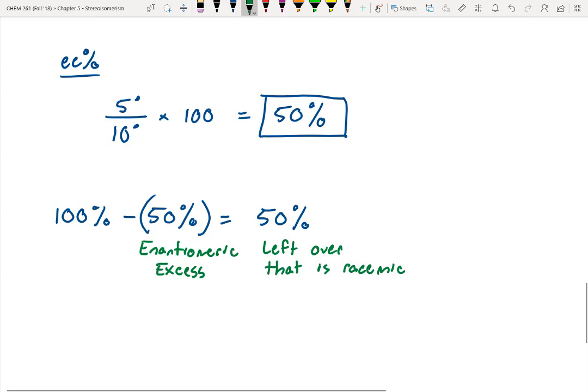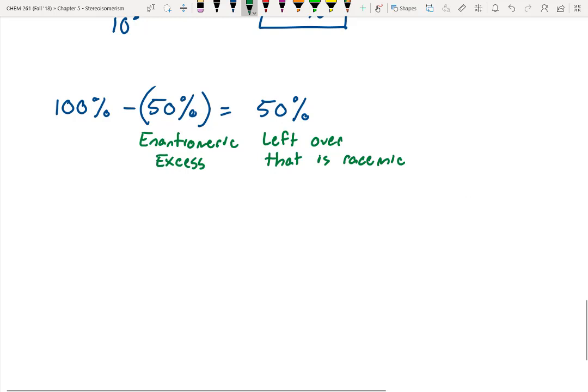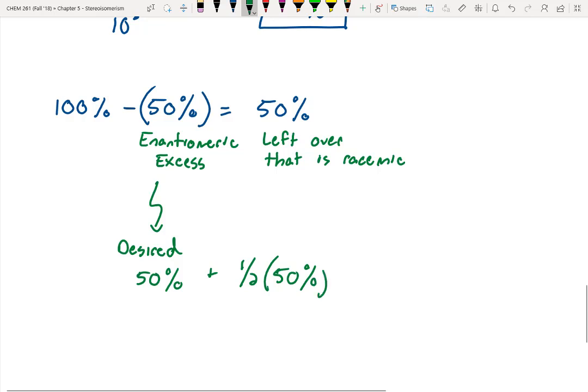3/4, right? So enantiomeric excess is a bit confusing. You have to account for the fact that the remaining amount still contains some of your desired enantiomer, but it also is being canceled out by the opposite enantiomer. So let's think about this and write it down again. So we'll just say our desired was 50% plus half of 50%, because we know that that's racemic.